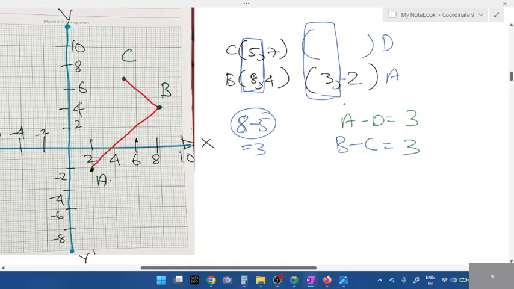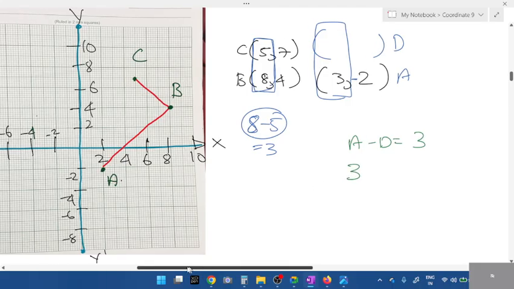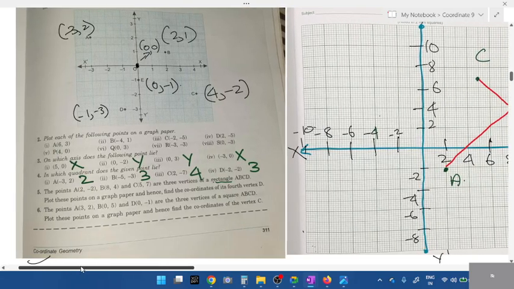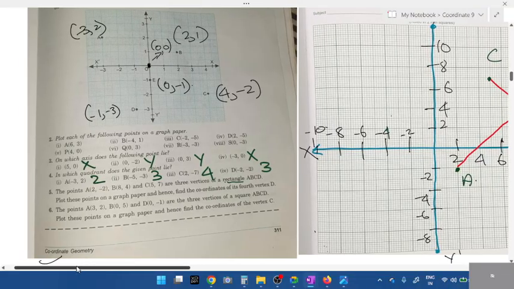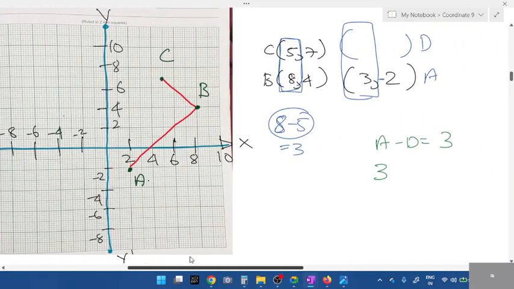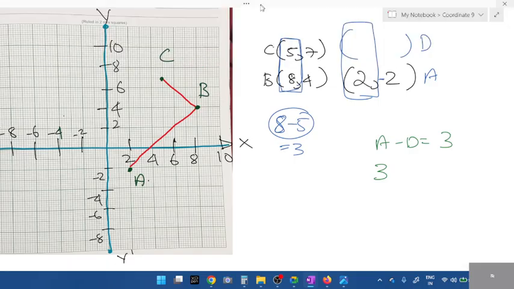What is the A value? A value is 2 comma minus 2, students.